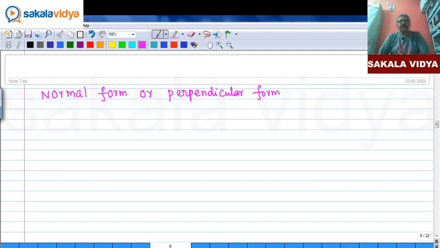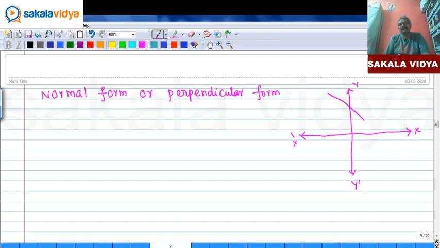Right. So, now this is the x axis, x dash, y and y dash. Suppose this is the required line, say L, and this is the origin.